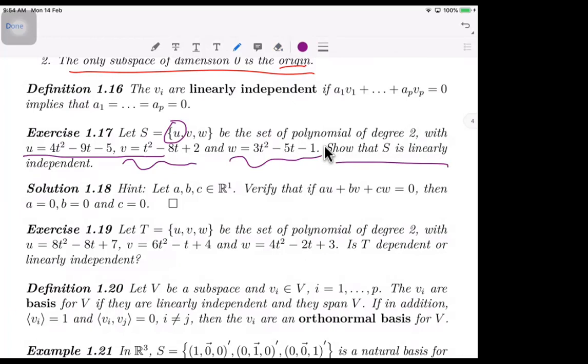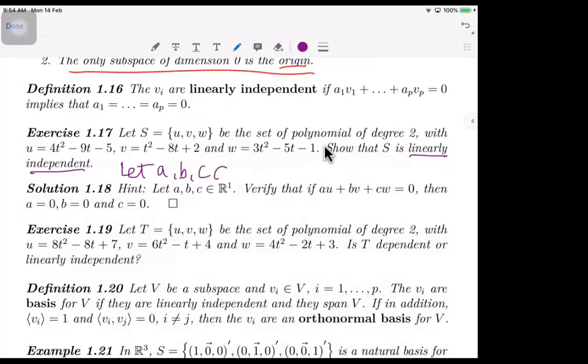So if we want to show that it is linearly independent, we define constants such that if the linear combination is equal to 0, then the constants are all equal to 0. So how do we show linear independence? Let A, B, and C be constants, and then the linear combination AU plus BV plus CW is equal to 0.